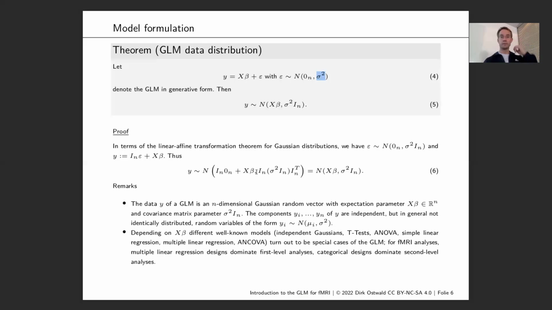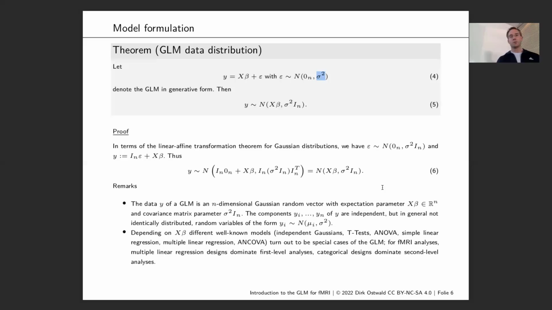And so we only have this x beta. So our expectation parameter of the data is x beta. And then if we sandwich multiply the covariance matrix of the error with the identity matrix, the identity matrix doesn't do anything, so only the sigma squared IN covariance matrix of the error remains.